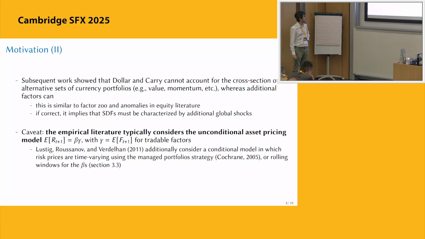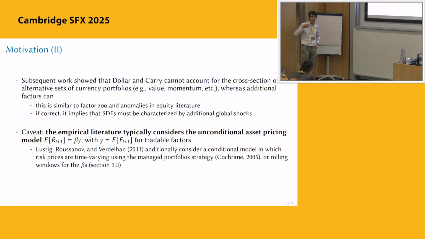Now, since this paper, a lot of work has been done by a lot of people in this room that shows that dollar and carry cannot account for the cross-section of alternative sets of test assets, value, momentum, in the currency space. Whereas additional currency factors can.